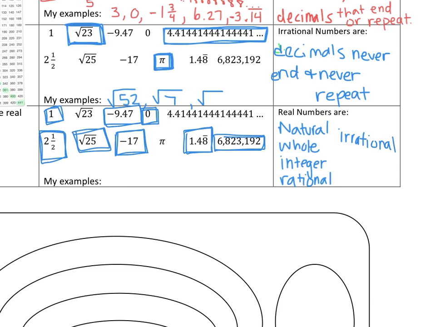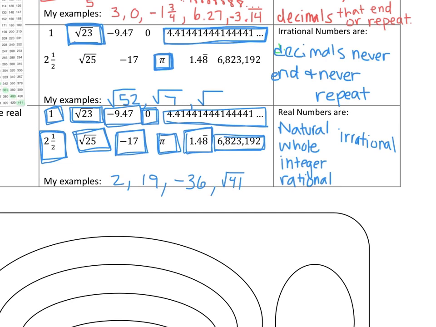And this includes irrational, so those numbers that go on forever and ever and never repeat. So right now, this is literally any number you can think of. So 2, 19, I'm just coming up with these off the top of my head. Negative 36, square root of 41. I don't know what that is, but it's real.